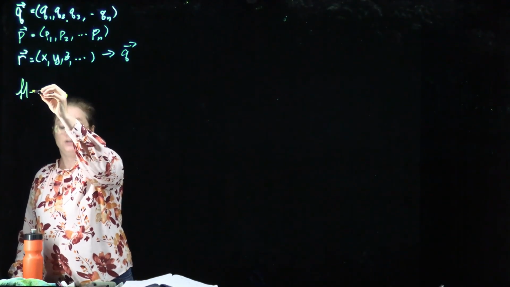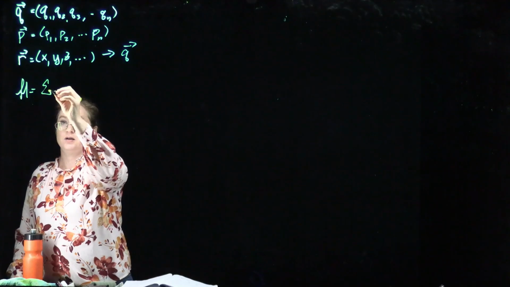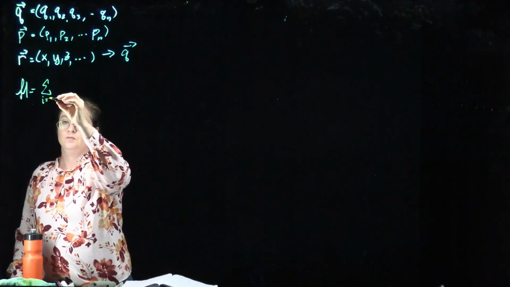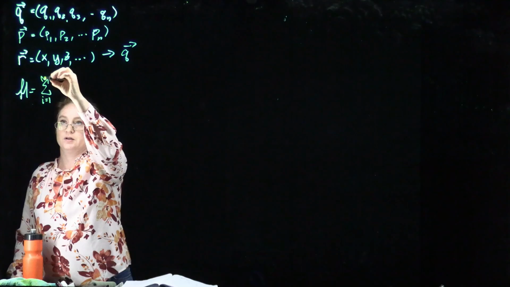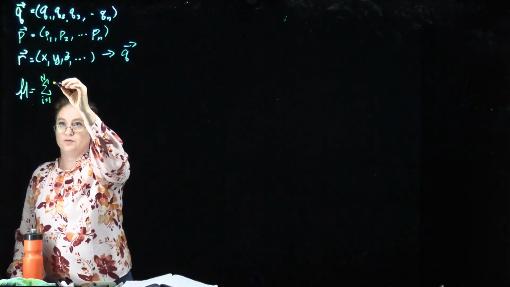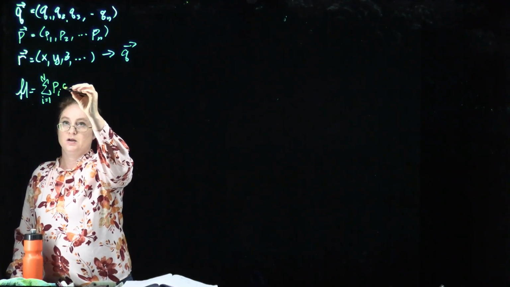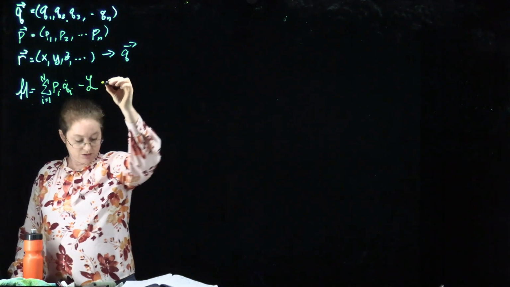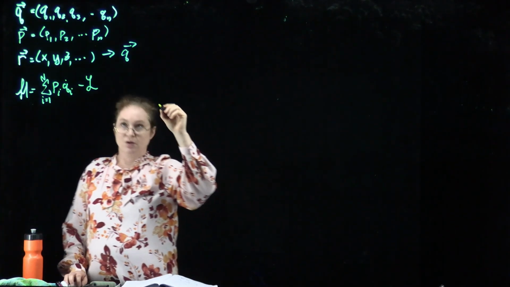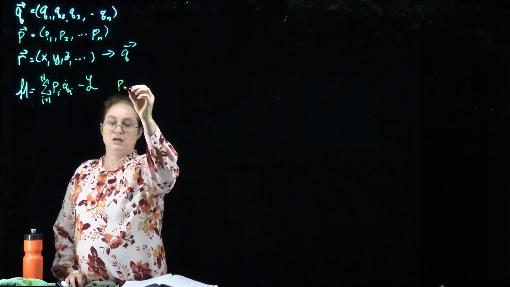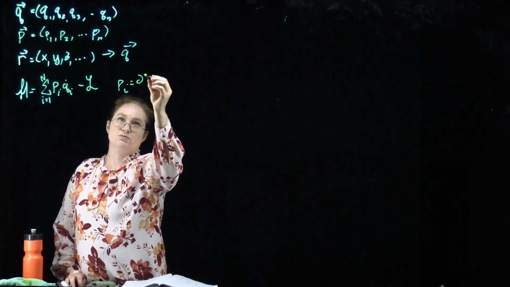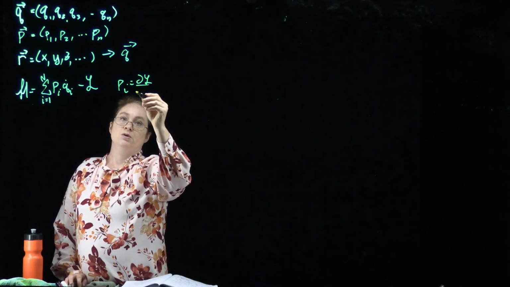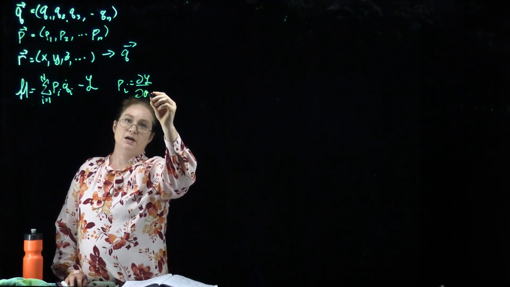So our Hamiltonian is the sum over all of the components of p_i q_i dot minus the Lagrangian, where p_i is the derivative of the Lagrangian with respect to q_i dot.